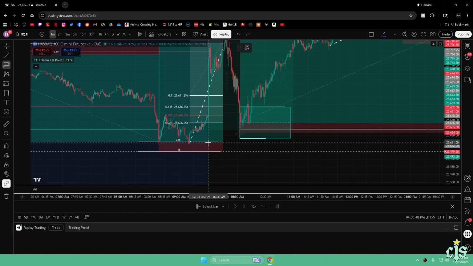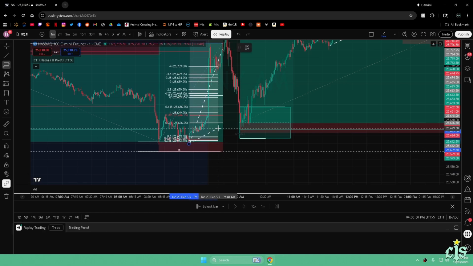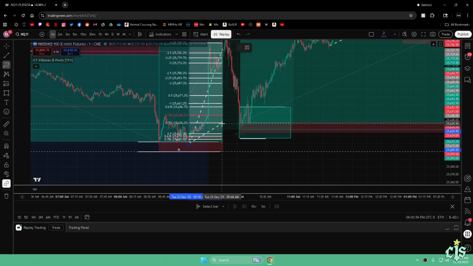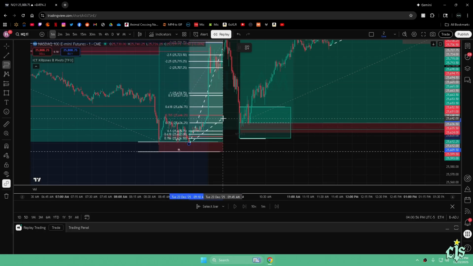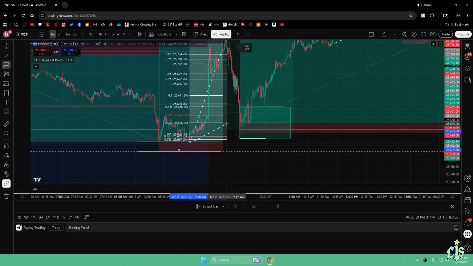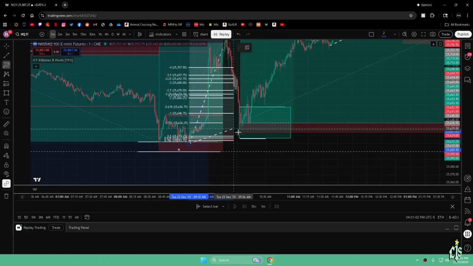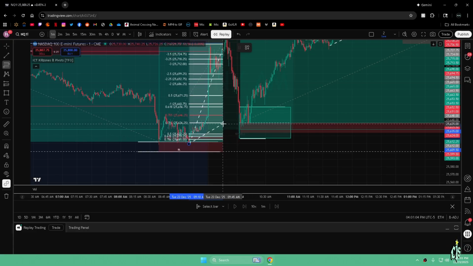Now, this is just to find the OTE range of where it swept the lows and the highs with this candle right here.